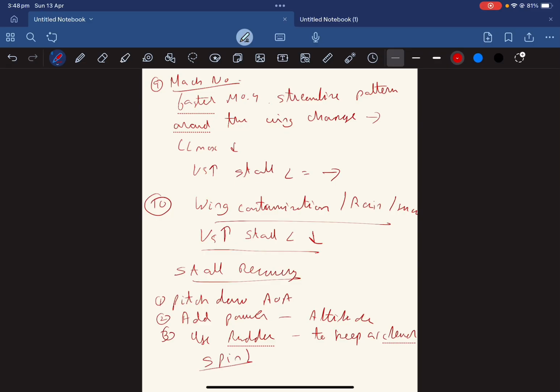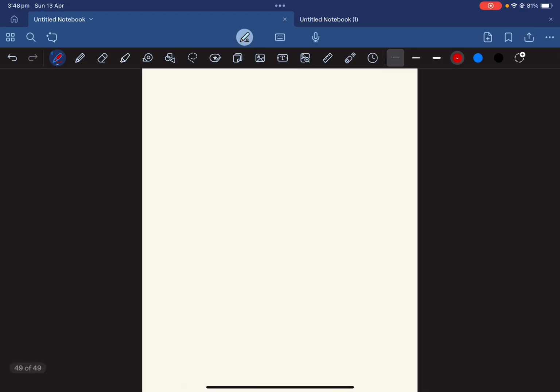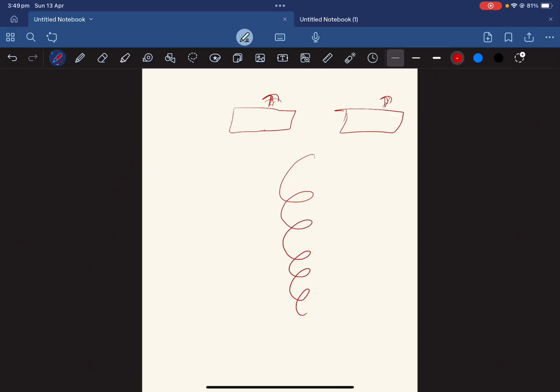Remember I showed you that video. So what is a spin? Let's say these are your two wings. If one of them stalls before the other wing, your aircraft is going to spiral like this. If it's spiraling, this is called a spin. It's a type of stall when one wing has stalled more than the other wing.